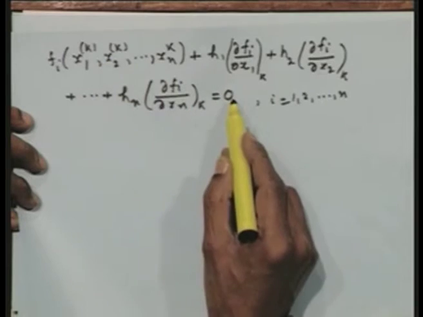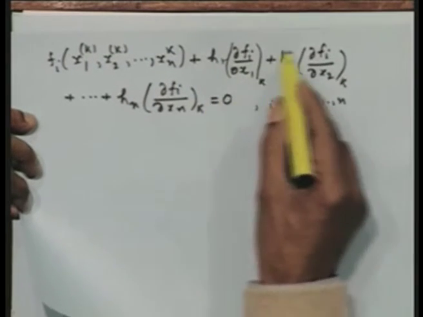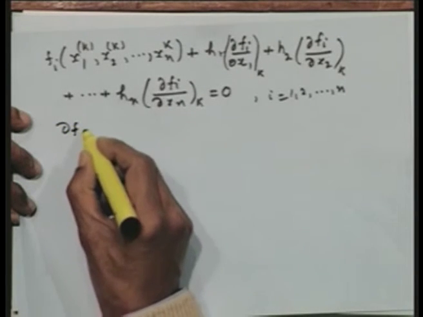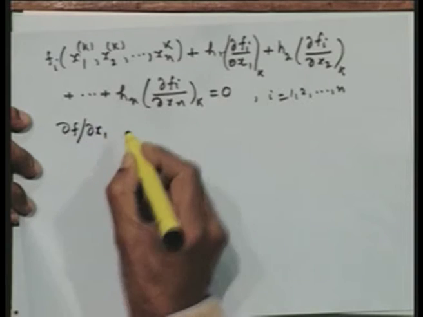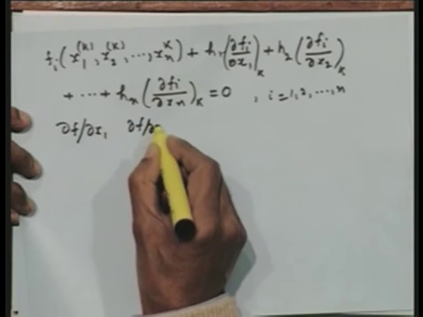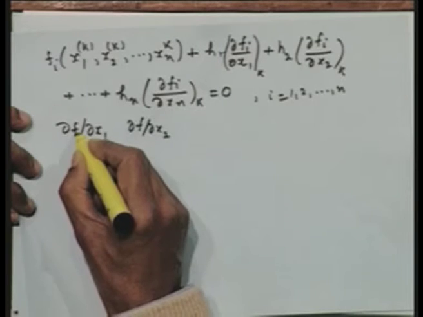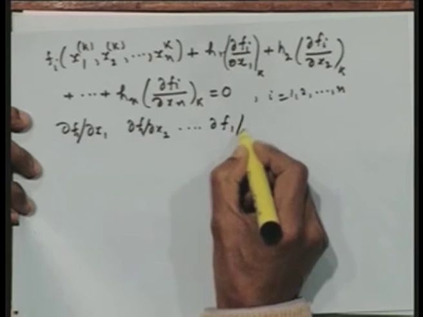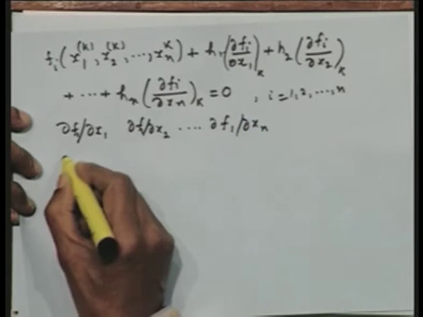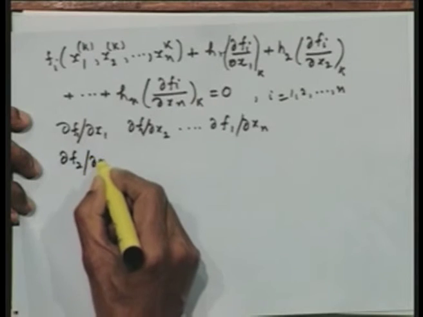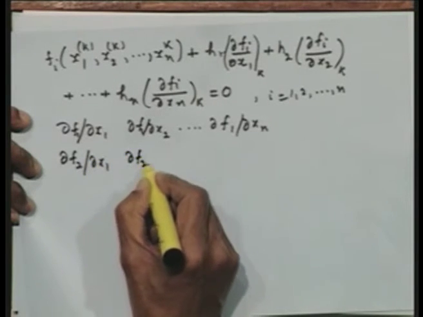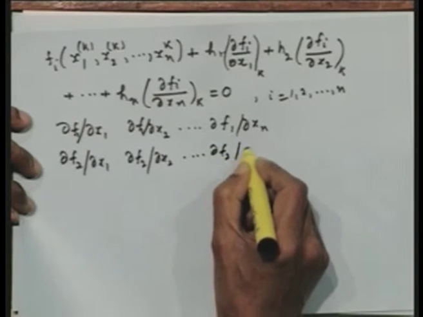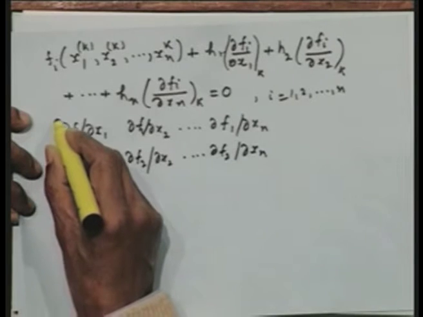So, I can take this to the right hand side and then write this in matrix format for each one of them. Let us take i equal to 1, 2, 3 and so on. So, I will have delta f1 upon delta x1, delta f1 upon delta x2, up to delta f1 by delta xn; delta f2 by delta x1, delta f2 by delta x2, up to delta xn.